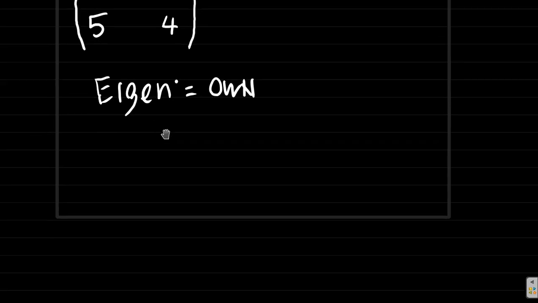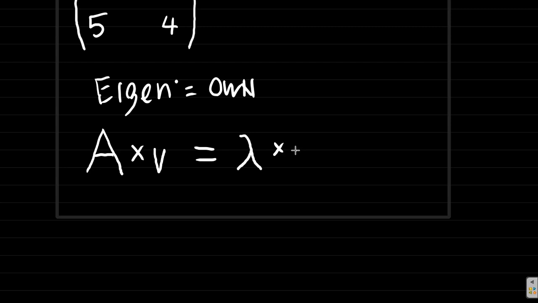Now, here's a formula for this. If you take the matrix A and multiply it by its eigenvector V, you get the same thing as if you take the eigenvalue of the matrix, lambda, and multiply it by its eigenvector V. So basically, the matrix multiplied by its own vector is equal to the value of the matrix multiplied by its own vector.